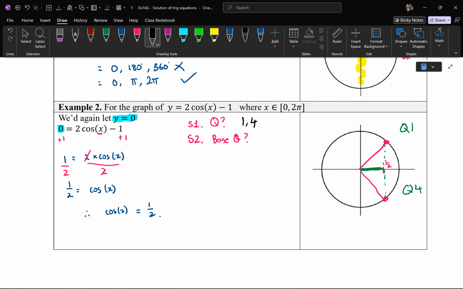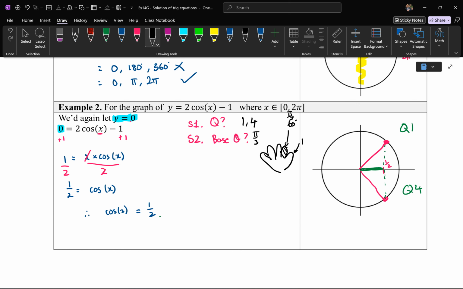Cos of what angle will give you half? Pi over 3, 60 degrees. Okay, so if you use your hand method again, I need cos to have one finger. Cos is on the right side, so if I only need one finger, I drop this one down. If I drop that one down, that's your 60 degree finger. That's your pi on 3 finger. So I know the base angle is pi on 3.